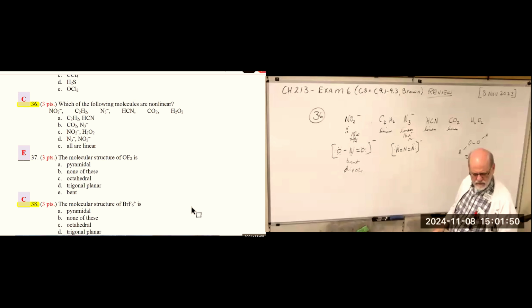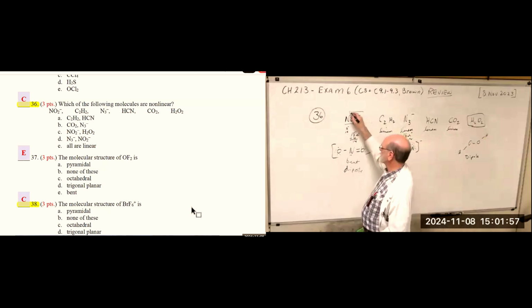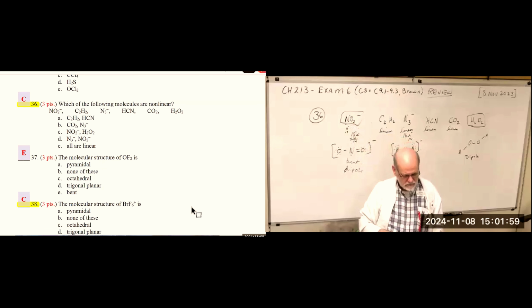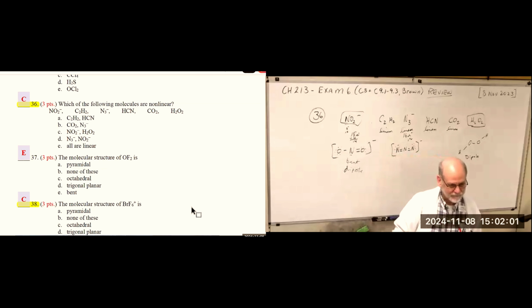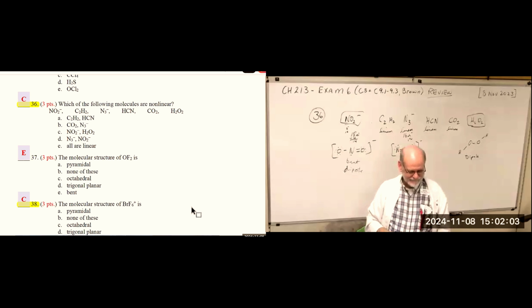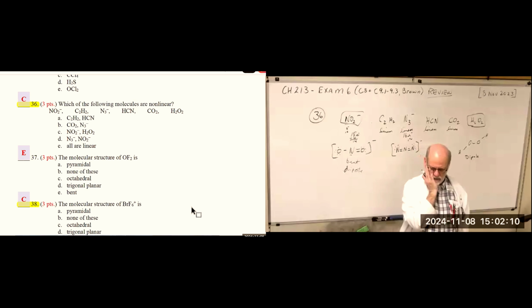So back to the question. Nonlinear: H2O2 and NO2 minus. That's C. Okay, N3 minus, I think, that's the azide ion. Yeah, that's the azide ion. They used to use that as sodium azide in car airbags.